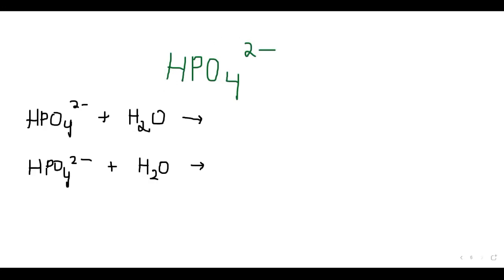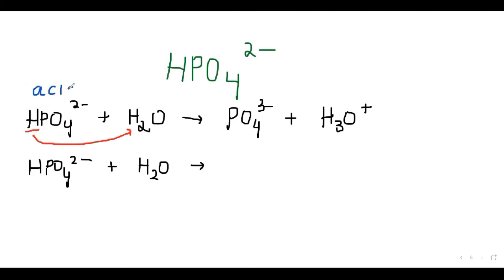So for the first equation, I'm going to make HPO4 2 minus donate 1 H plus to water. Therefore, the product will be PO4 3 minus. As you can see here, one hydrogen is given to water molecule. So this is when HPO4 acts as an acid.